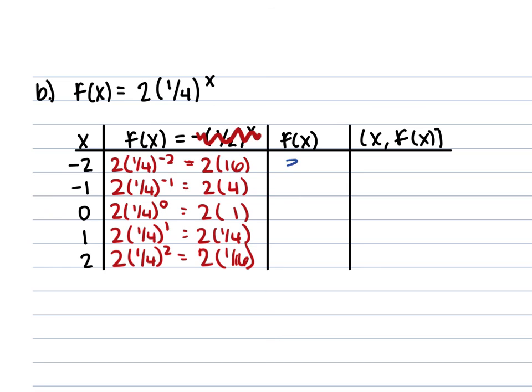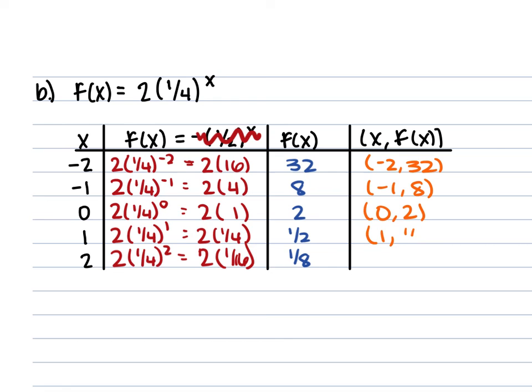So 2 times 16 is 32. 2 times 4 is 8. 2 times 1 is 2. 2 times 1/4 is 2 over 4, which is 1/2. And 2 times 1/16 is 2 over 16, which is 1/8. So we have ordered pairs of negative 2, 32, negative 1, 8, 0, 2, 1, 1/2, and 2, 1/8.